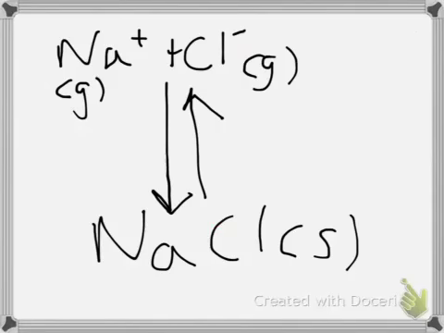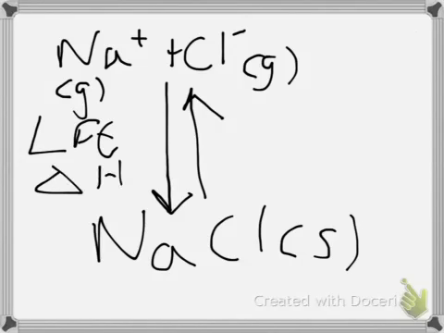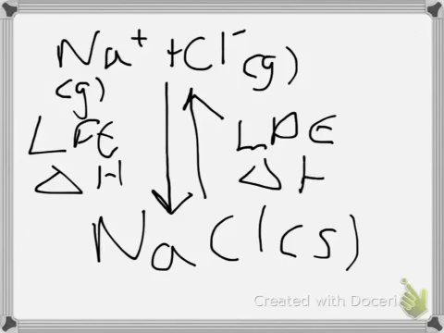Okay, so we've set up our reaction of a sodium ion and a chloride ion reacting together to form 1 mole of sodium chloride. Okay, so in the forward direction, that reaction is my definition of the lattice formation enthalpy. And in the backward reaction, that reaction is my definition of the lattice dissociation enthalpy.